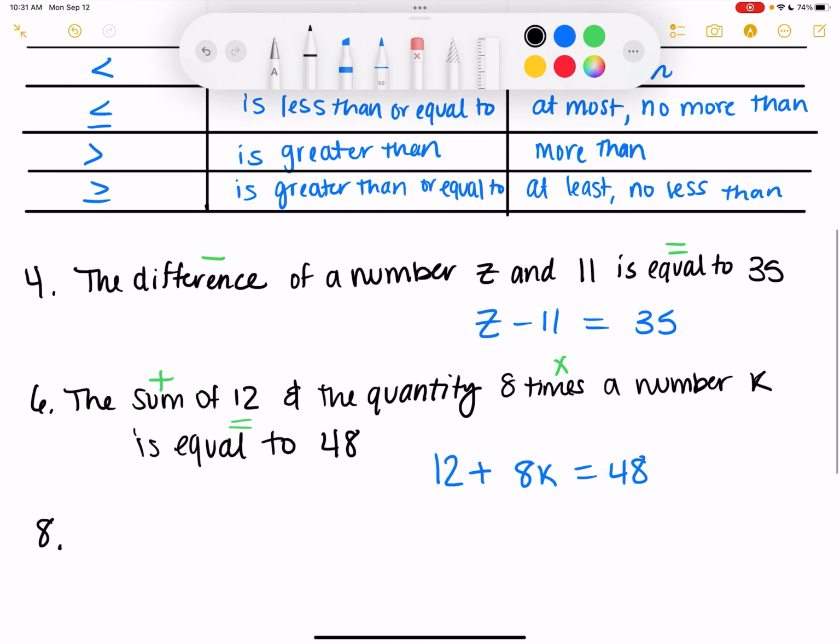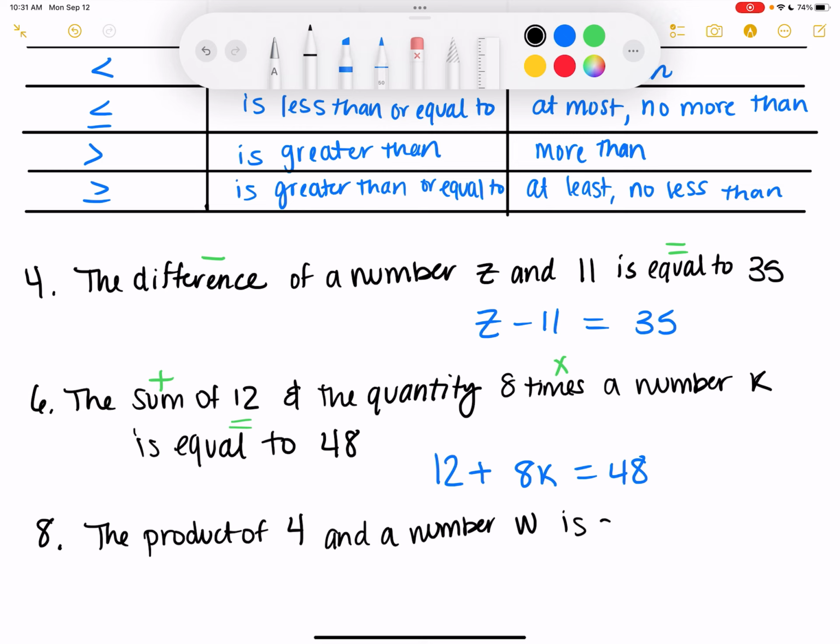Let's see, 8. The product of 4 and a number w is at most 51.